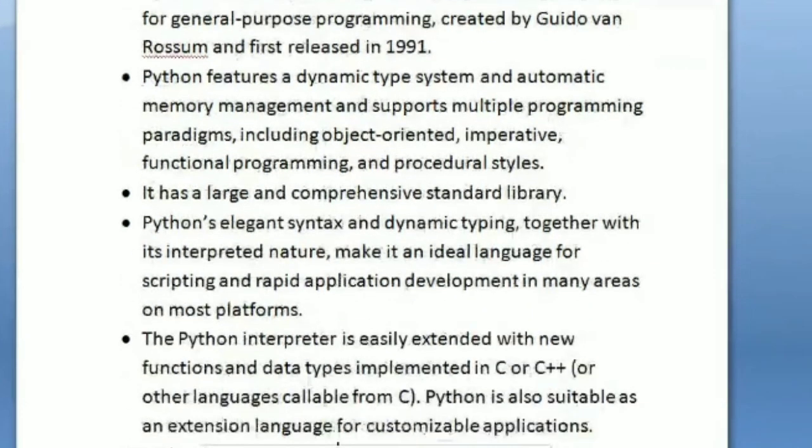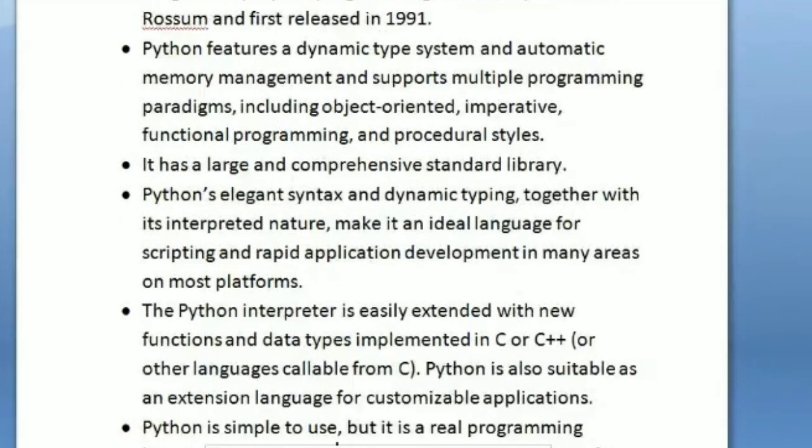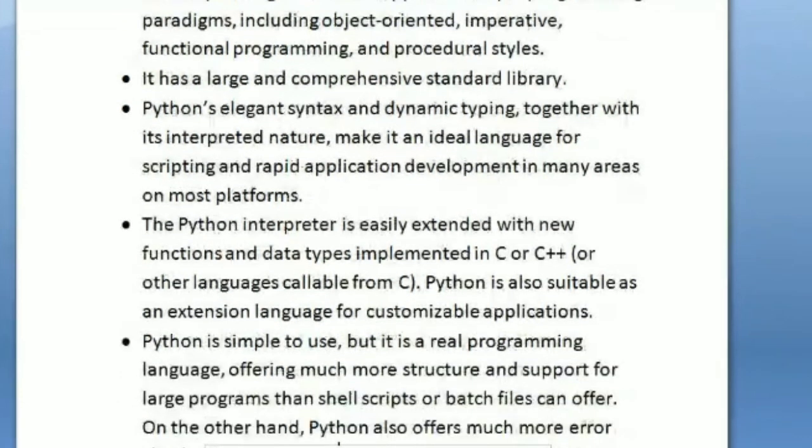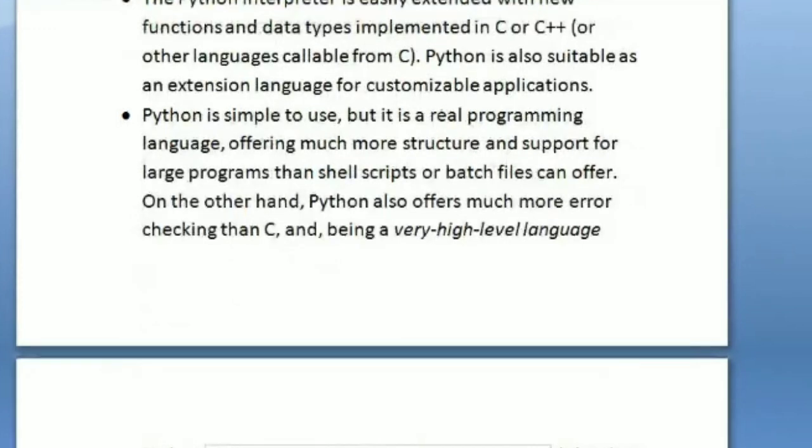Python interpreter is easily extended with new functions and data types implemented in C++. It can be easily extended and is suitable as an extension language for customizable applications. Python is simple to use, but it is a real programming language offering much more structure and support for large programs than shell script or batch file can offer.